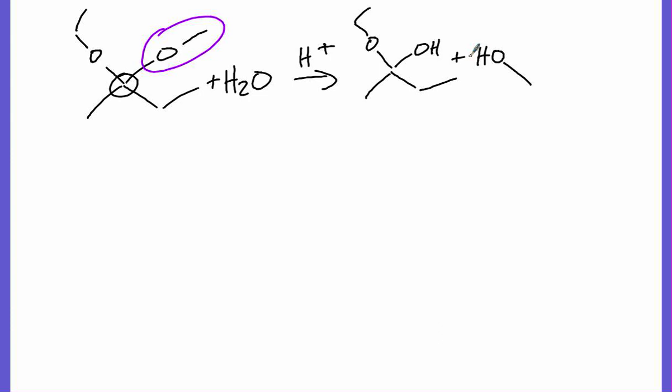But then the next step of the process, I'm just going to remove my other alcohol, which would come from here. And so I need to take off, that'd be an ethanol, because there's two carbons, and then it's going to be a hydroxyl group, right? And technically, I stole this hydrogen from over here to make that hydroxyl group there, because that was part of that original hemiacetal formation.